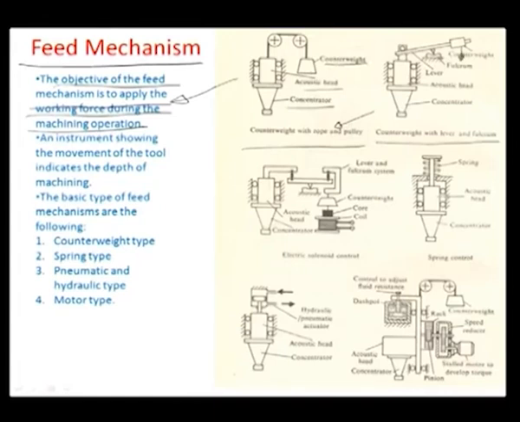So you can have a counterweight which is pulling this down, and there is a force arm ratio with which you are actually trying to feed the concentrator. And then you have an electrical solenoid control here, as you are seeing. There is again a lever with a fulcrum, but then the force, instead of given through the weight, you have a counterweight and a core coil which pulls or pushes depending on the signal which is available to the solenoid, thus generating a motion to this end of the fulcrum, okay, and thereby increasing the feed.